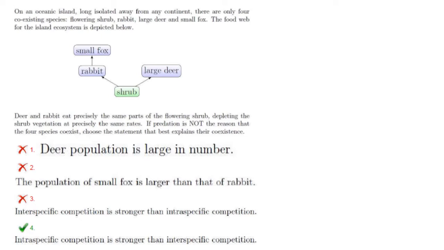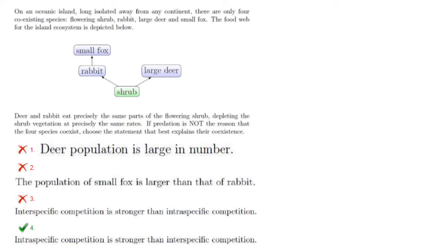What is intraspecific competition? It is an interaction in population ecology whereby members of the same species compete for limited resources. This leads to reduction in fitness of both individuals, but the more fit individual survives and is able to reproduce. In the question, flowering shrub is eaten by both large deer and rabbit, and this can cause a competition between the deer and the rabbit community for the same source of food, as well as there will be competition within the rabbit and deers among themselves for the same resources.